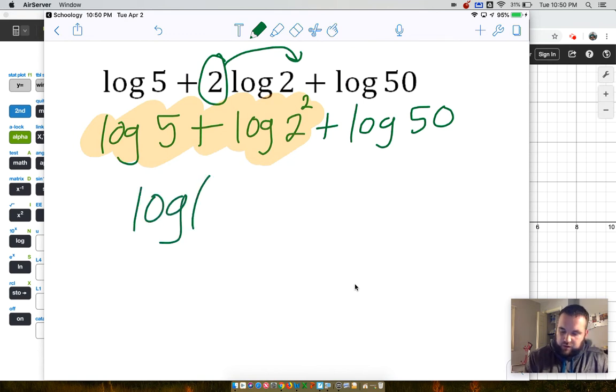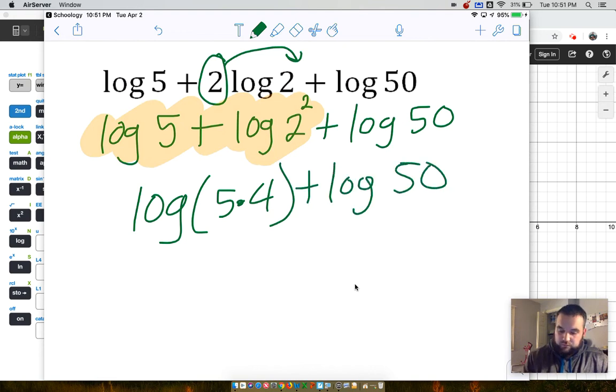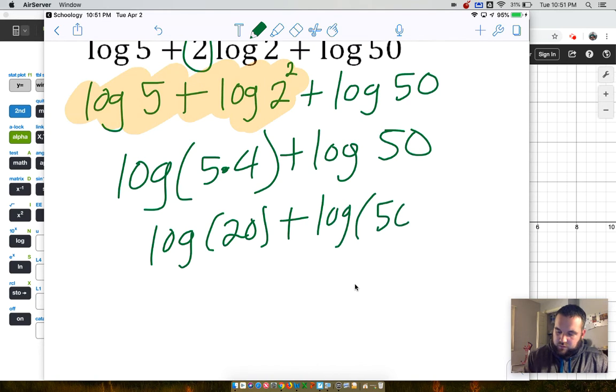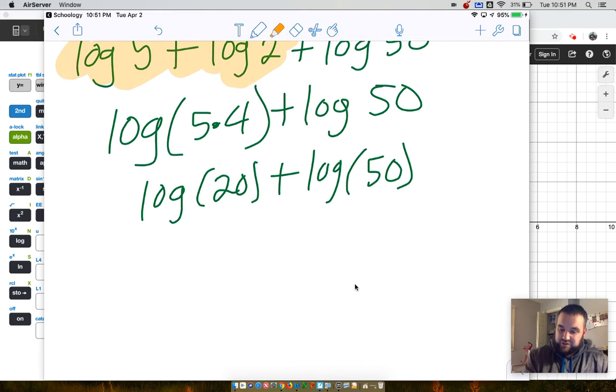So this would be log of 5 times 4, which should be 20. So this would be log 20 plus log of 50. Now again, because it's addition, I can multiply the arguments together. So I can multiply 20 times 50 and get log of 1,000.